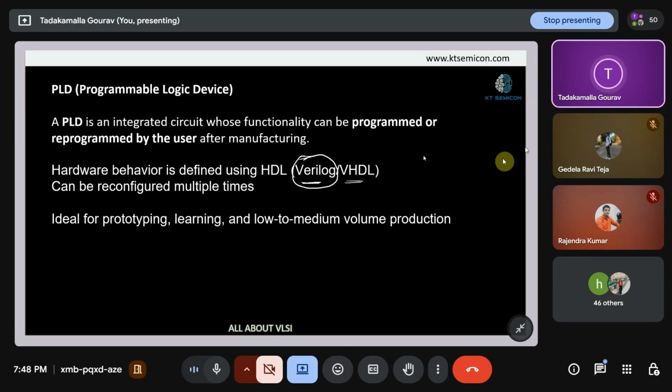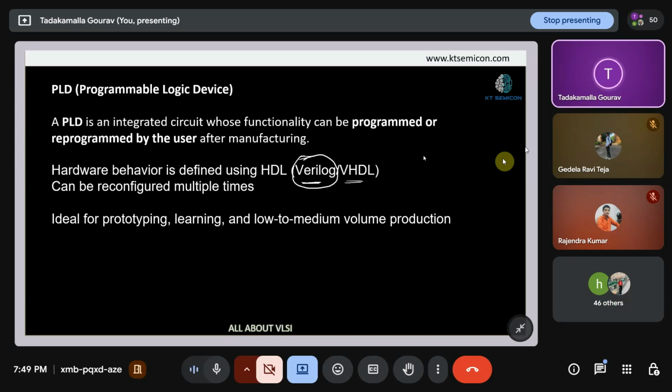This is ideal for prototyping, learning, and low to medium volume production. Suppose we are developing a chip, for example for a FIR filter; someone previously mentioned they did a project on FIR filter implementation. If you are going to develop that feature on a chip, instead of directly fabricating that chip, you can test the prototype on an FPGA, because you can reconfigure it multiple times.